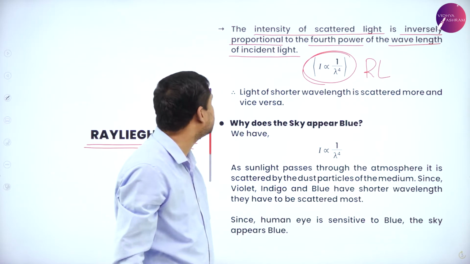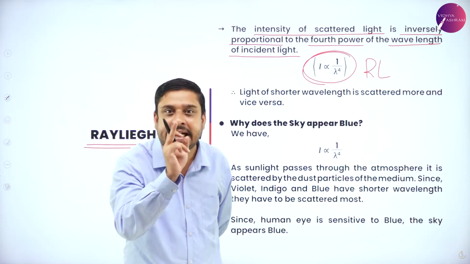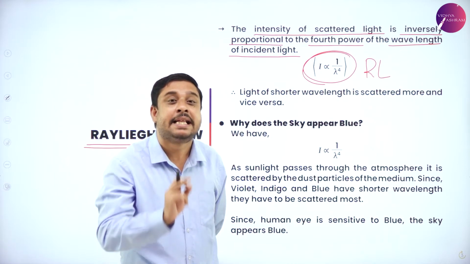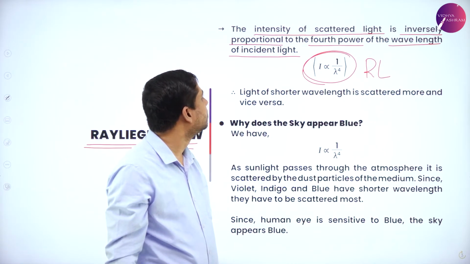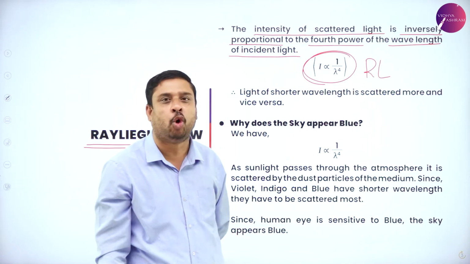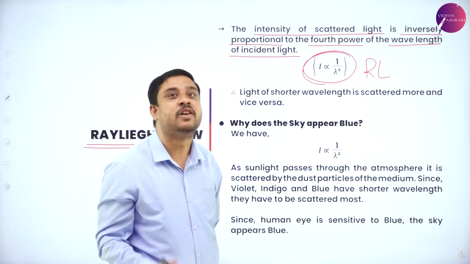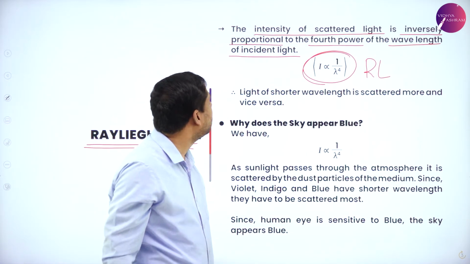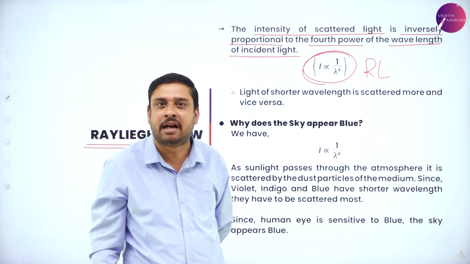So what does Rayleigh's Law say? Intensity of the scattered light is inversely proportional to the fourth power of the wavelength of incident light.